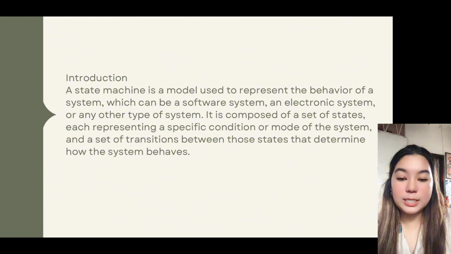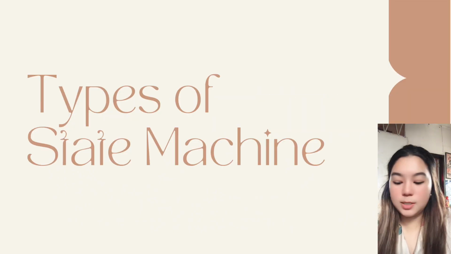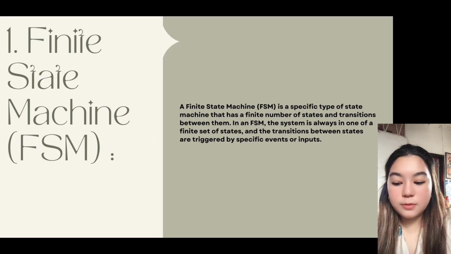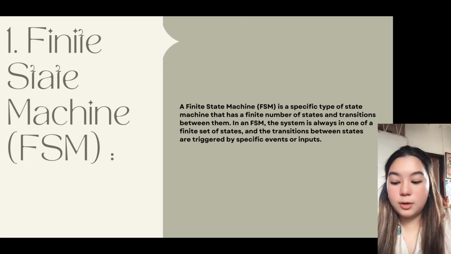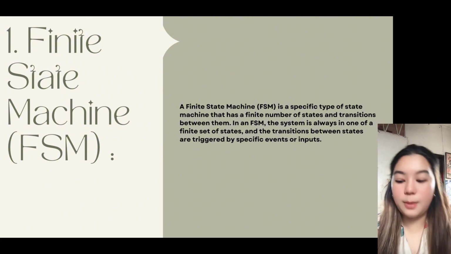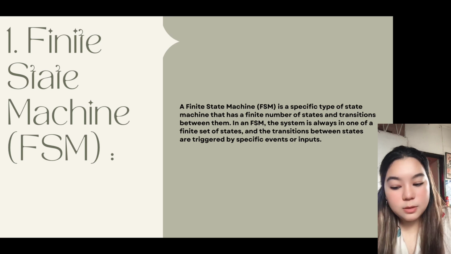So next, we have here types of state machine. Number one is the finite state machine, or FSM. A finite state machine is a specific type of state machine that has a finite number of states and transitions between them.